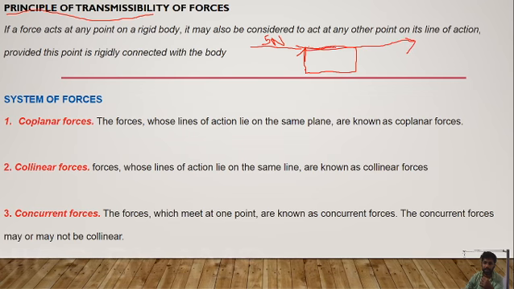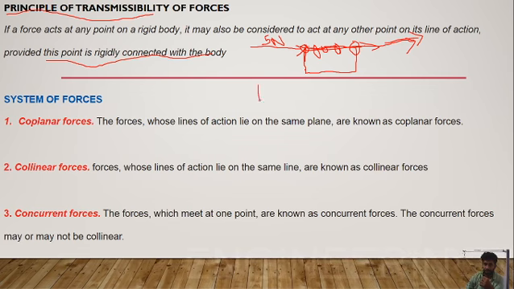If I apply the force here or here or here, whatever, on the condition that the point is rigidly connected to the body. Any point I can apply the force, provided all the points are in line with the force. That is the principle of transmissibility of force.